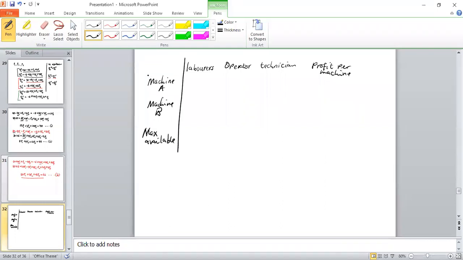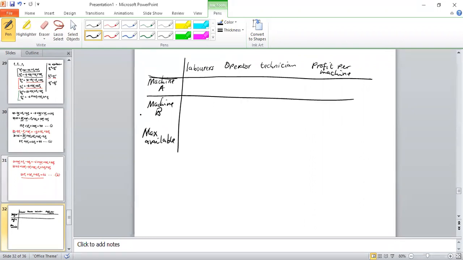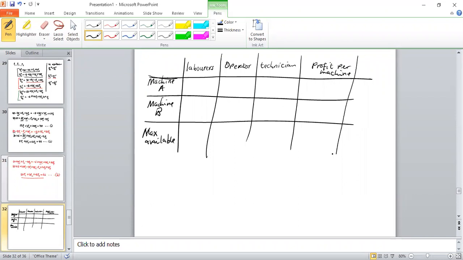So that's what we have. This is how our table looks.